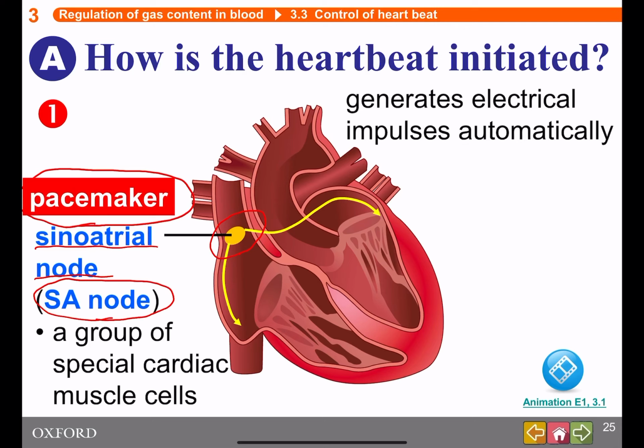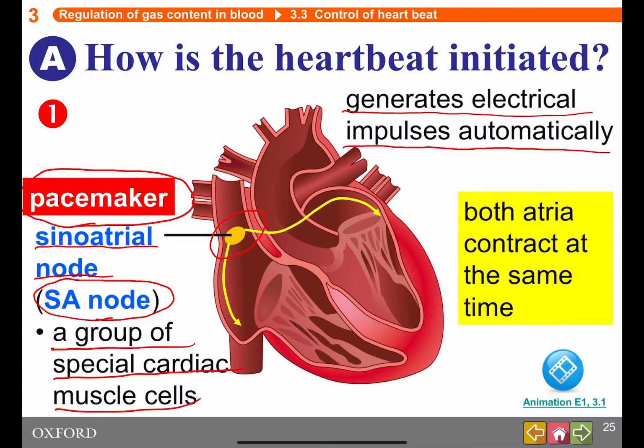It is made up of a group of specialized cardiac muscle cells. Why are they special? Because they can generate electrical impulses automatically or regularly. They can generate the electrical impulses by themselves.